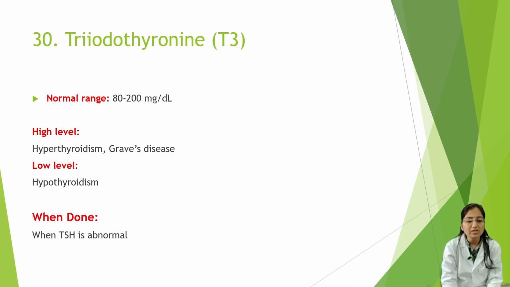Okay, next test. This is the last but not the least, triiodothyronine, T3 level. Here the normal range is 80 to 200 ng per dl, and if this level is increased, we can see hyperthyroidism and also Graves disease. Graves disease is an autoimmune disorder where the immune system mistakenly attacks the thyroid gland, causing it to produce too much thyroid hormone.